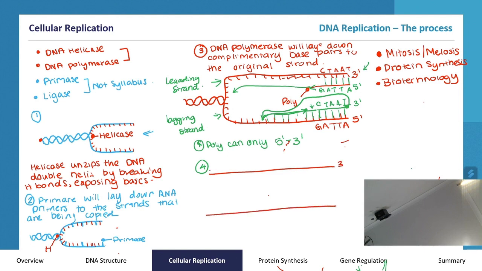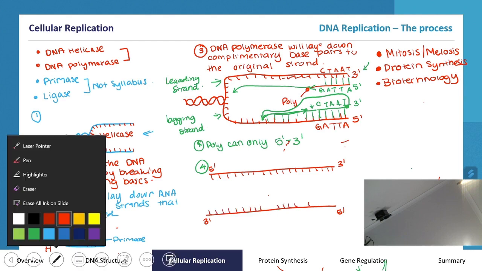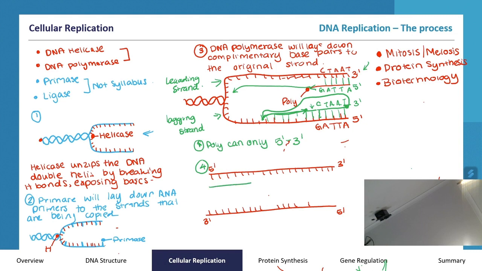So again, we've got 3', 5', 5', 3', and all the base pairs, mixed with two completely copied or new strands fixed by DNA polymerase, like so.